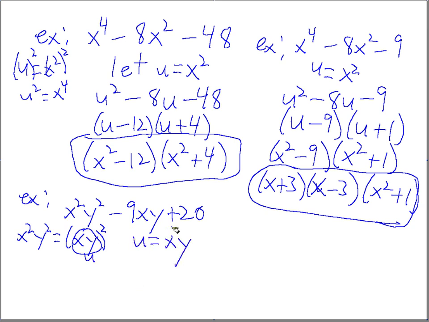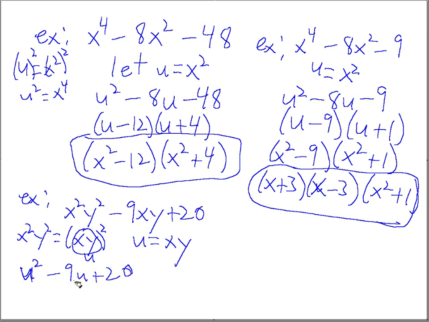So in terms of u then, let me write down here if I can fit it in. x squared y squared is going to be u squared, minus 9xy, well, minus 9u, plus 20.